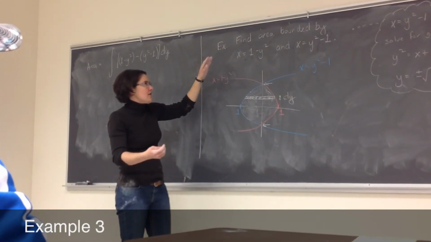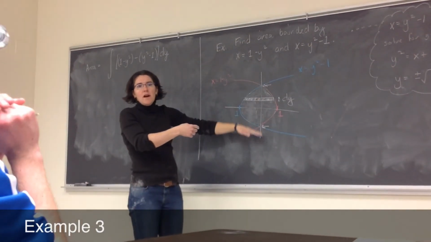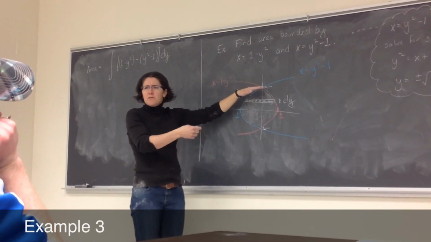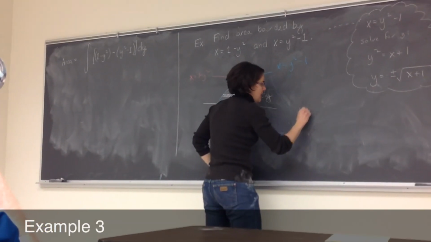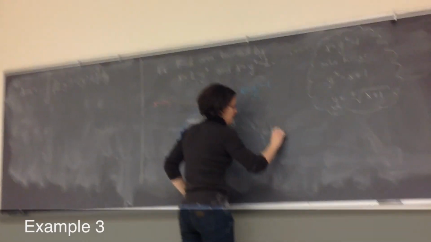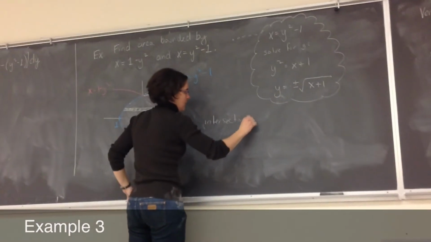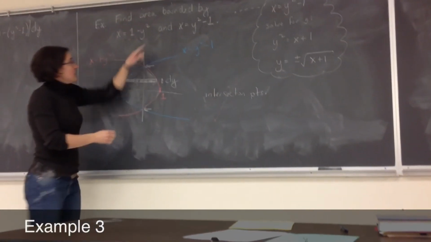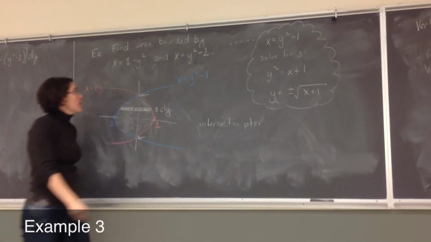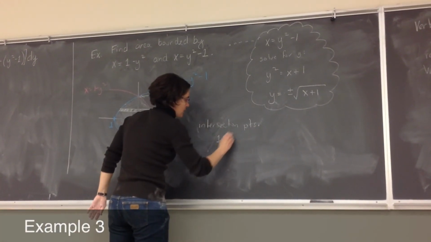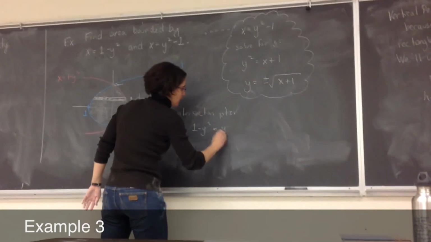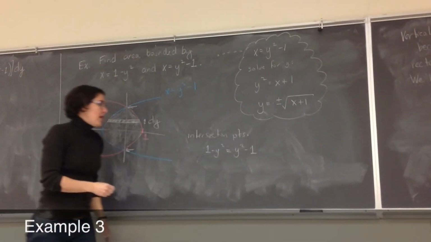I can look at this and say, okay, they're probably y equals -1 and y equals +1, but if I didn't know that, then to calculate my intersection points, I can take my two equations and set them equal to each other. So we've got 1 minus y squared is equal to y squared minus 1.